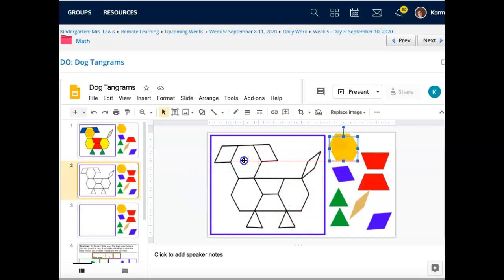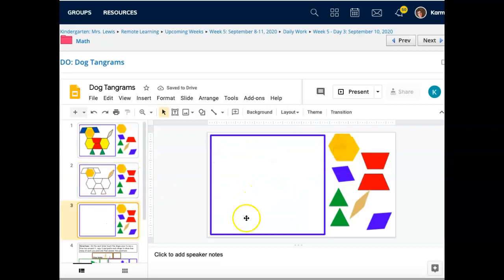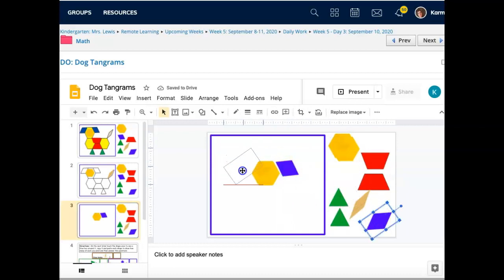So if you would like to, you can move them over yourself. On the third slide, there is nothing there. So if you want, you can create your own picture. If you want to make a dog, you can make a dog. If you'd like to make something else, you may make something else.